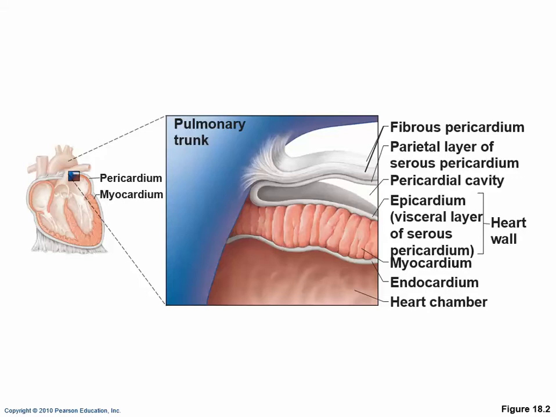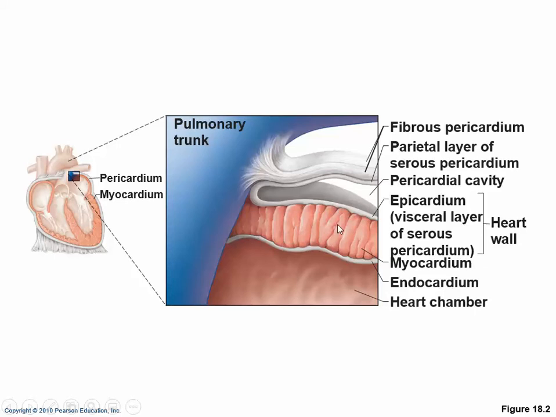In cross section, we can see right where the pericardium anchors. It's this fibrous pericardium, and this happens to be anchored to the pulmonary trunk here. The parietal layer of the serous pericardium, the visceral layer of the serous pericardium, also called the epicardium.